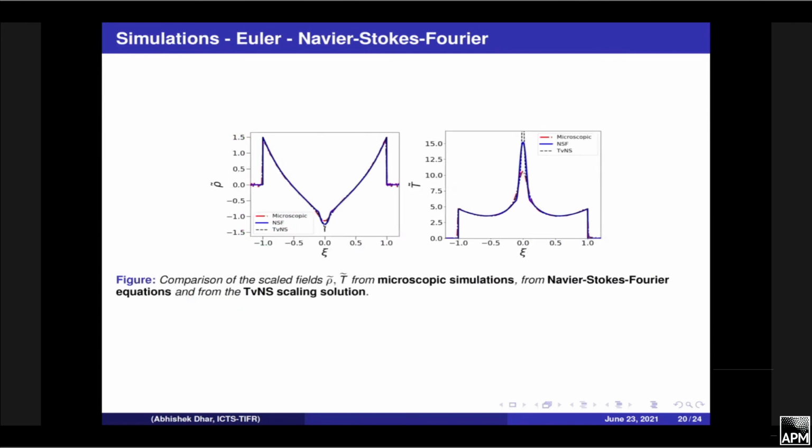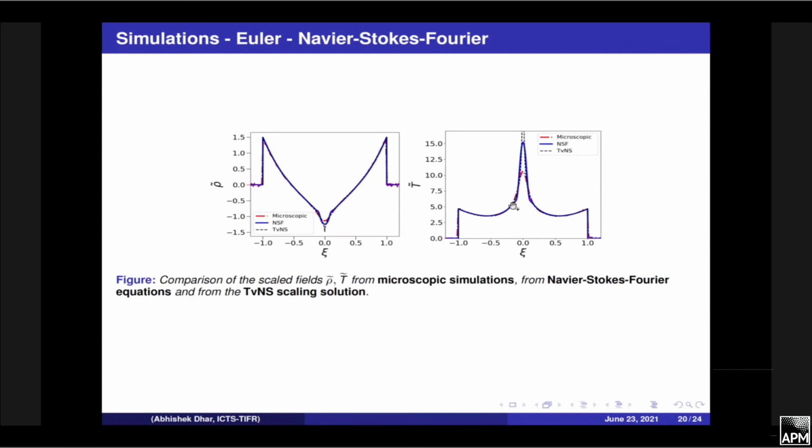Okay, so in this slide I compare all three: we have direct molecular dynamics simulations, we have Euler equations, and then we have the full Navier-Stokes-Fourier equations. And what you find, let us just look at the temperature field, is that in most of the region there's a good agreement between all three.